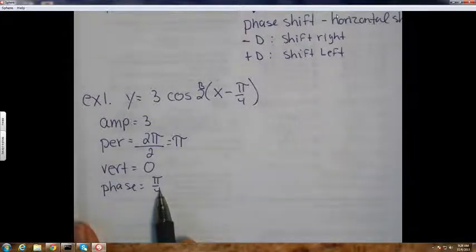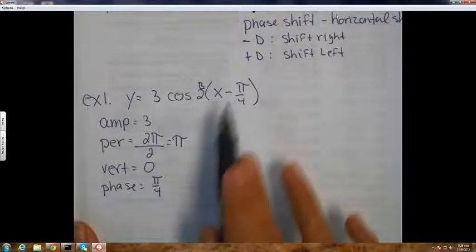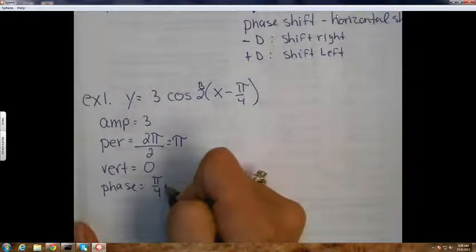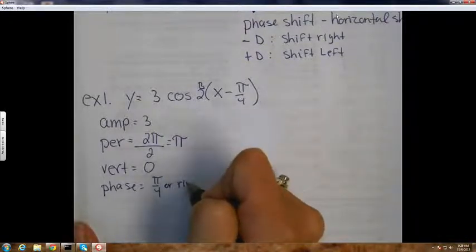If this says plus pi over 4 here, the phase value is going to be negative pi over 4. Or you can just say left pi over 4 and right pi over 4 if you prefer that. If that confuses you, just say right pi over 4 here and call it good.